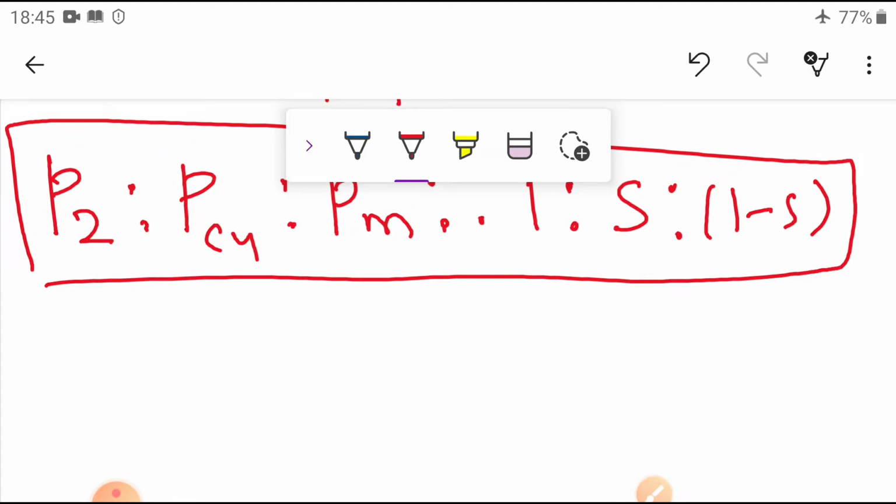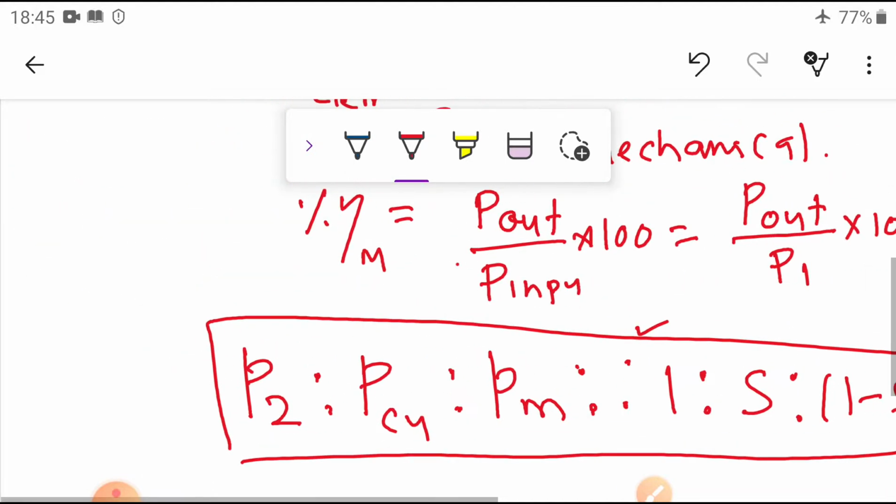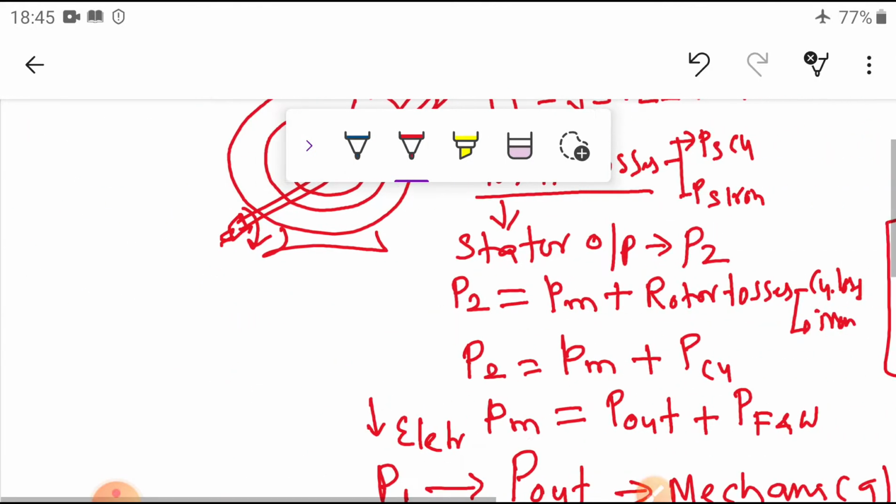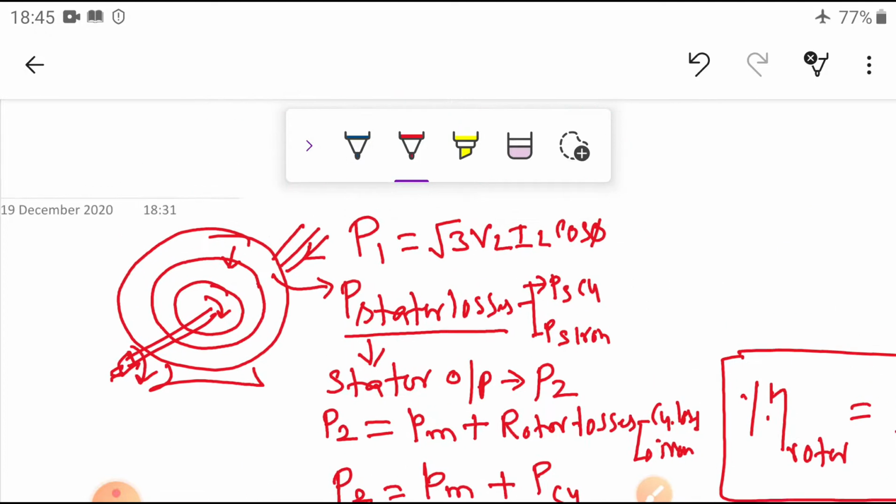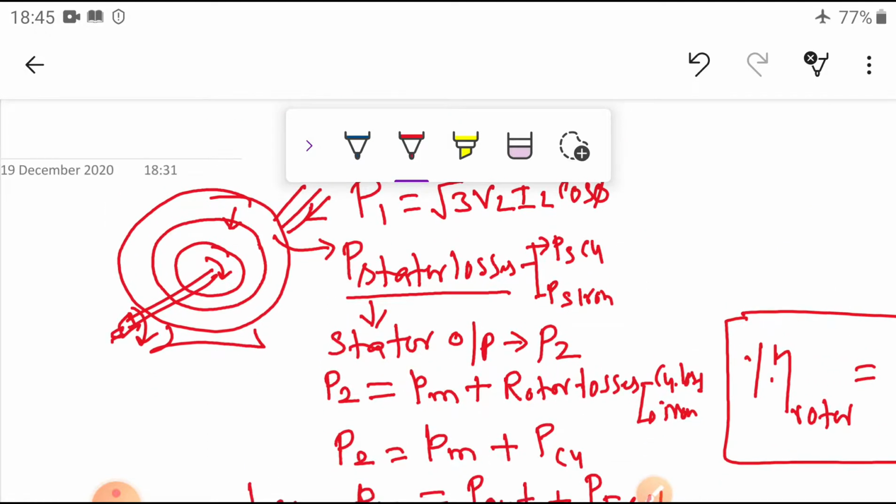What is the formula? Suppose I want the rotor. Whatever the power P1 is given, P1 we know.